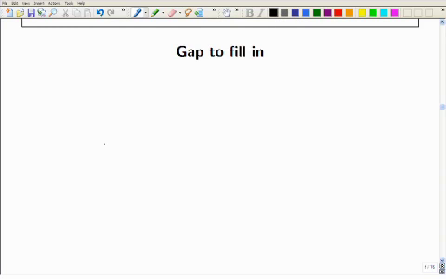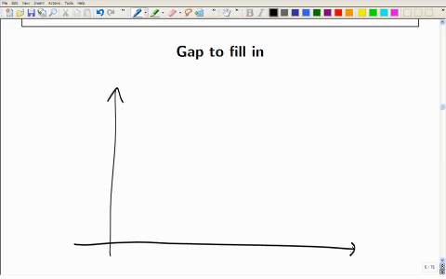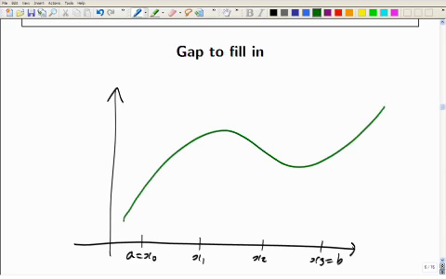You might have something looking a bit like this. So here we are, I've got one with 3 intervals here. I'll draw a fairly random function. And now let's see what's going on with this one.